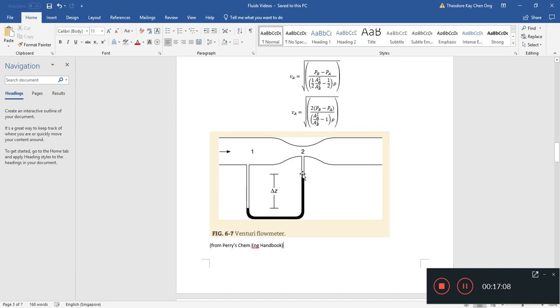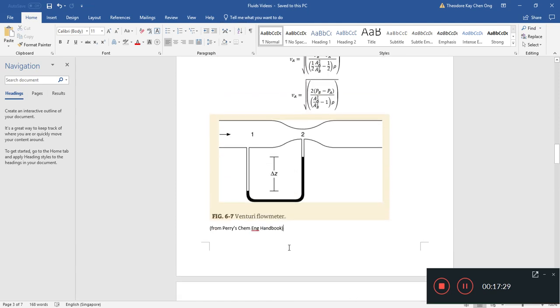The pressure difference equals rho g delta z, and from that we can find the pressure difference. So we find the pressure difference between 1 and 2 and the ratio of the area between 1 and 2, and we will get the average flow velocity. This is how we find our flow rates using Bernoulli's equation.